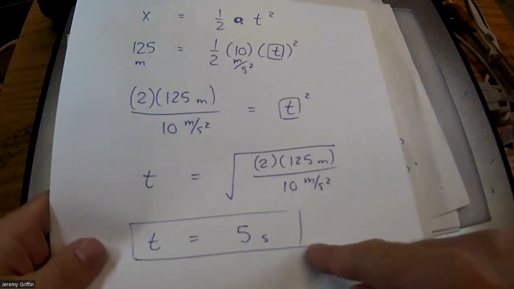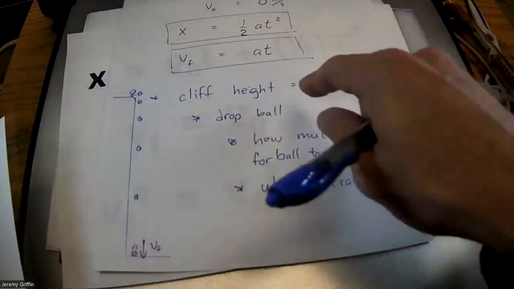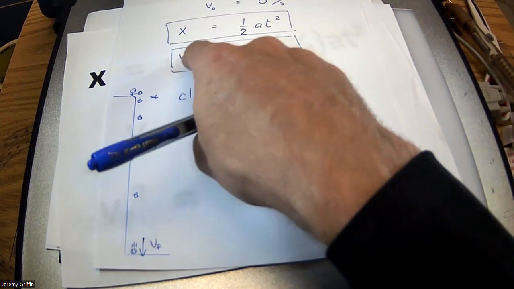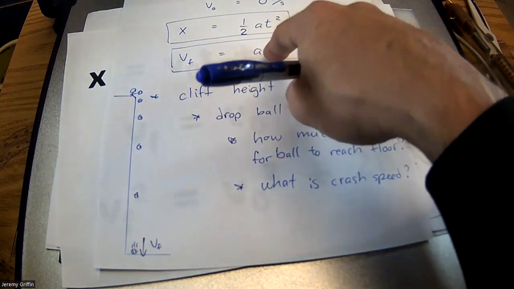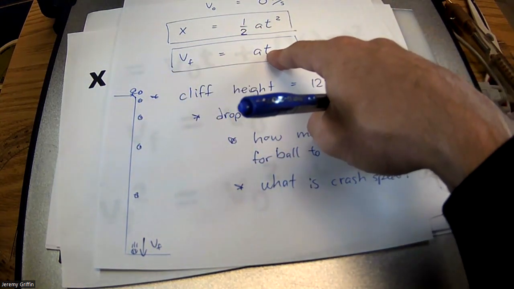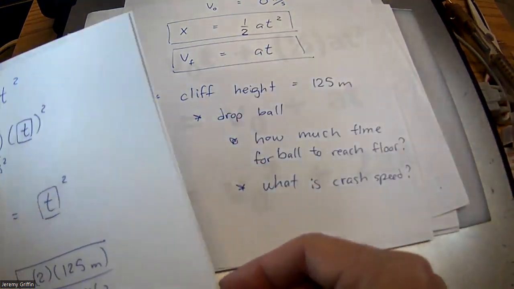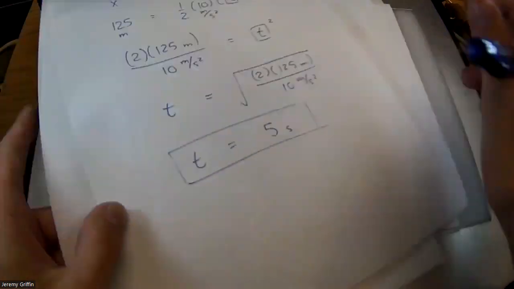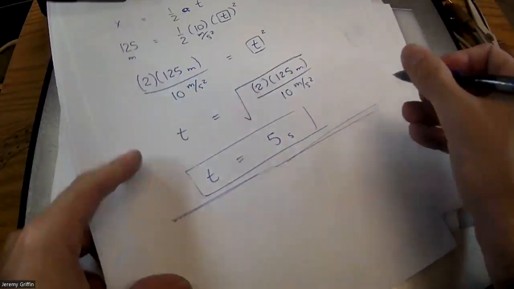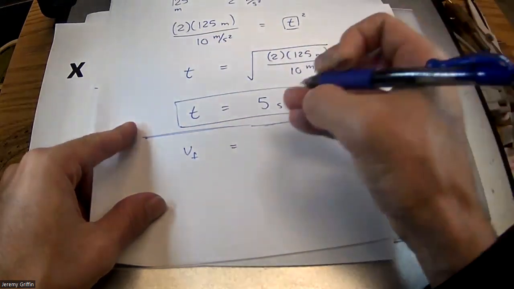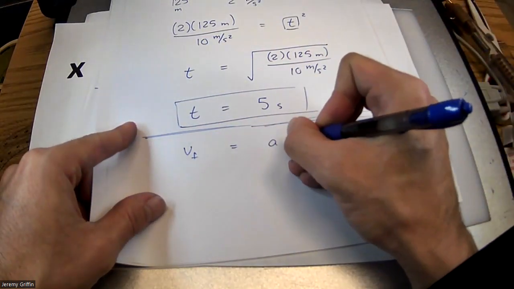Okay. Now you know it's been falling for 5 seconds. You also know this relationship. Here's how fast it's picking up as a function of time. Hey, can you pop in 5 seconds right here? And 10 meters per second squared? You do that, right? Let's try that out. All right, we'll put it right here. So the speed it picks up to, as long as it starts from rest, is acceleration times time.